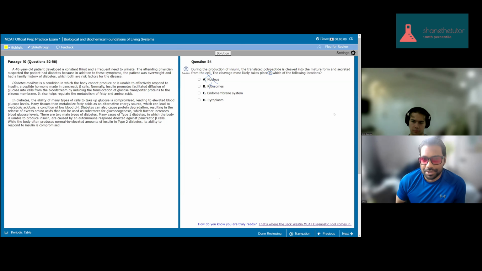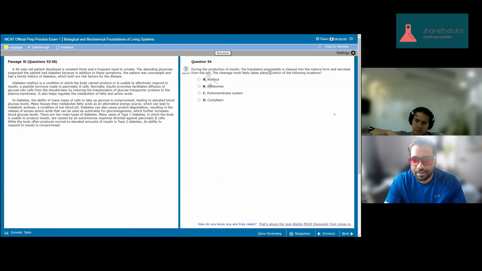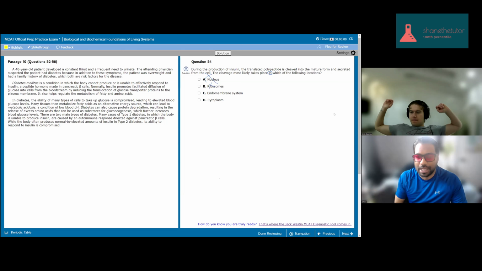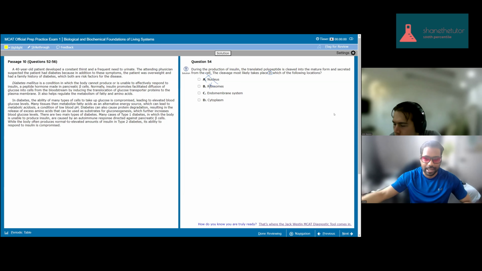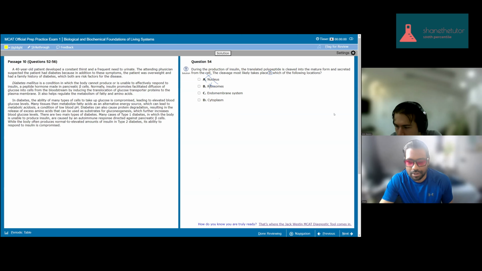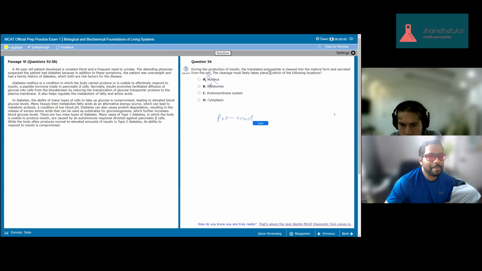So this cleavage is going to be happening inside of the endoplasmic system, because after the endoplasmic reticulum it can go to the Golgi, and then the Golgi decides if it's going to be secreted out as vesicles or part of the membrane and stuff. So essentially what we are looking at here is post-translational modifications.